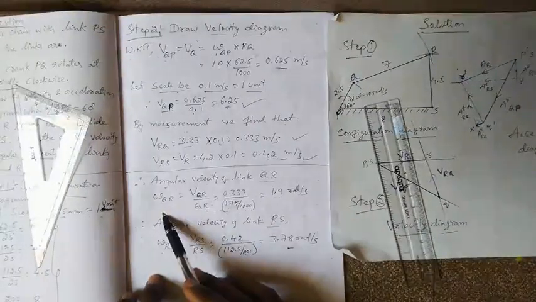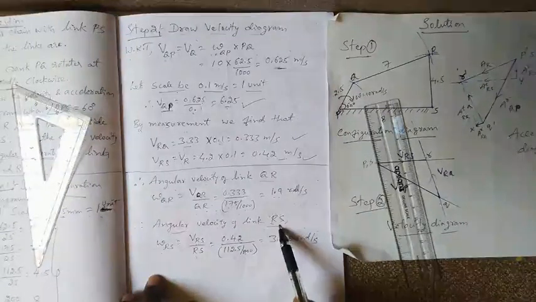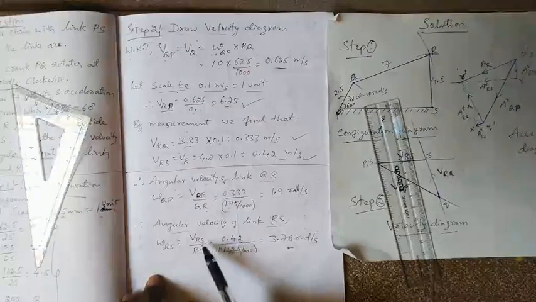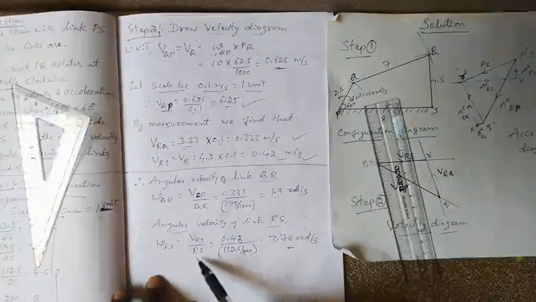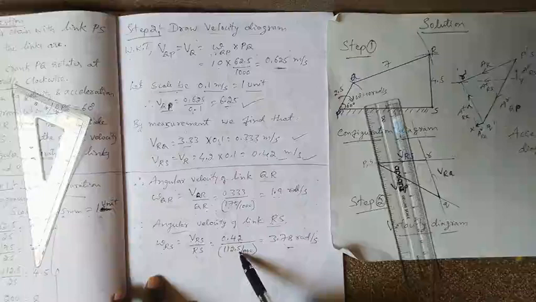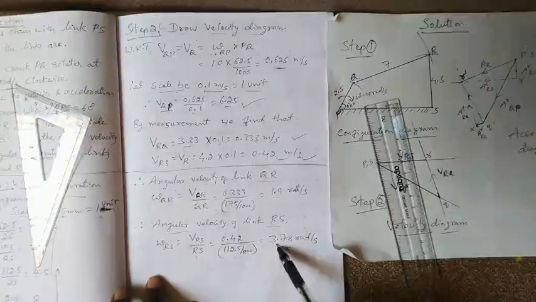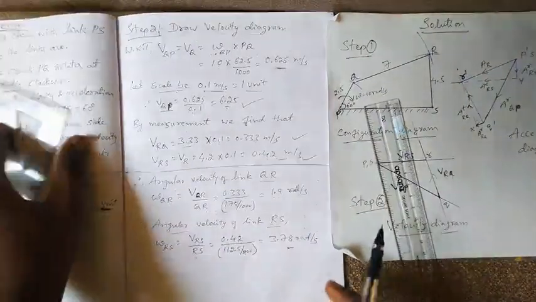Similarly, the angular velocity of link RS is VRS divided by RS: 0.42 divided by 112.5 mm divided by 1000, gives 3.75 radians per second.